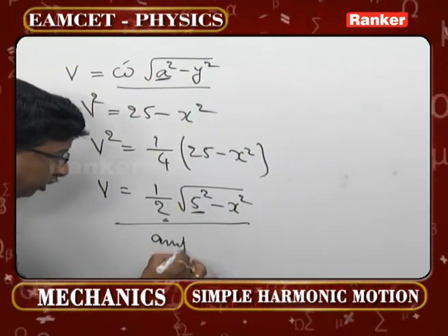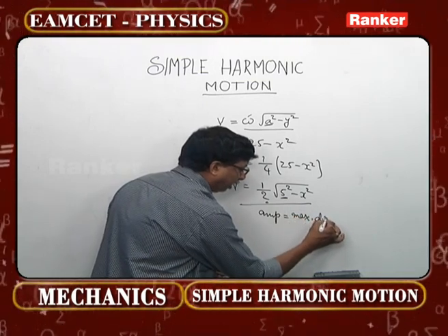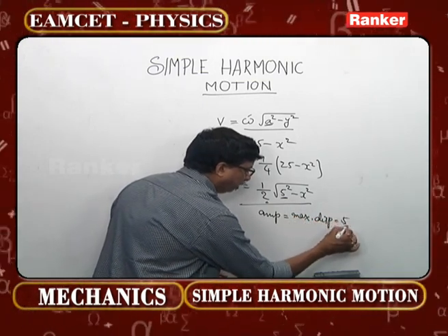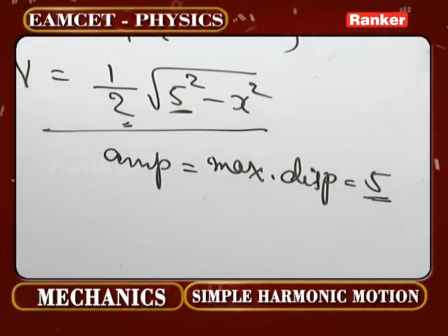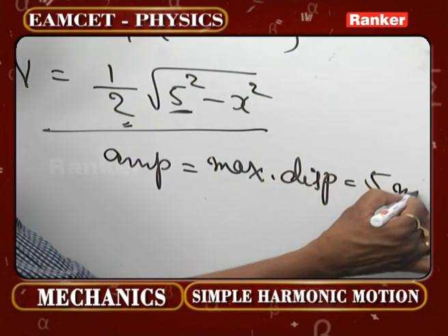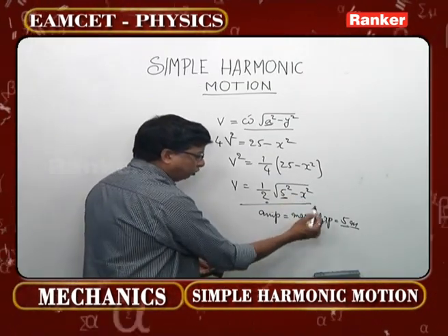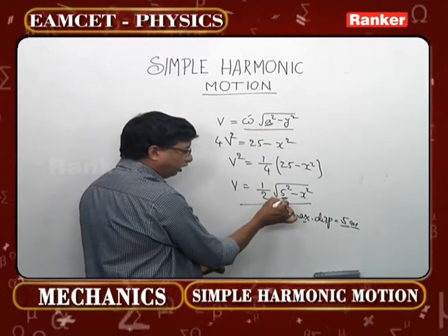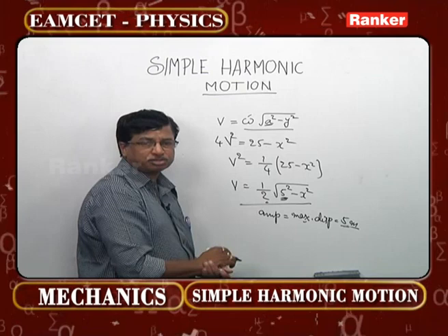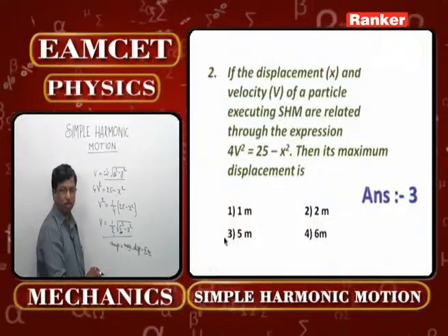Therefore, amplitude, which is maximum displacement, that is what has been asked, is going to be 5 units. If everything is given in meters, directly you can write 5 meter. If the unit is given in centimeter, 5 centimeter, whatever it is, maximum displacement is nothing other than amplitude. In place of A you have 5, therefore your option automatically becomes 5 meter. That is option number 3.